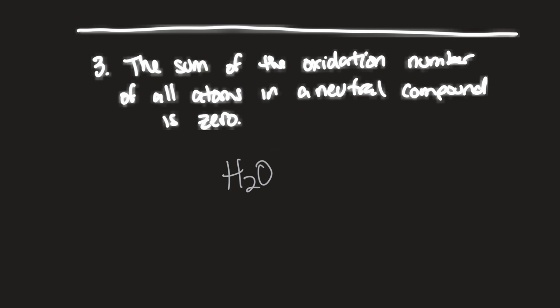So the overall oxidation number of all the elements that make up water, H2O, is 0. If you were to sum up the oxidation number of the hydrogen and the oxidation number of the oxygen, what we should get is 0.